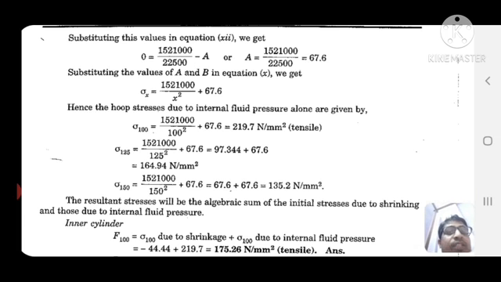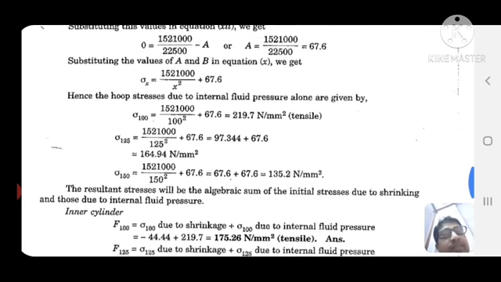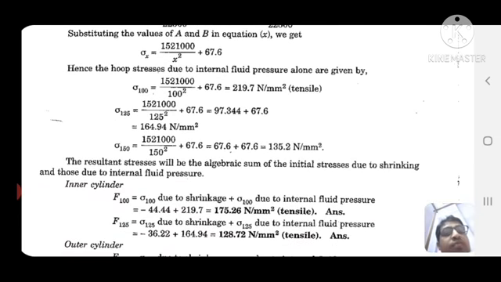So substituting the values of A and B in equation, we get sigma x, that is equal to 1521000 by x square plus 67.6.